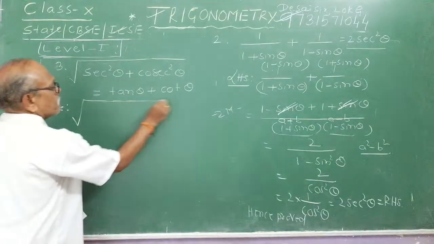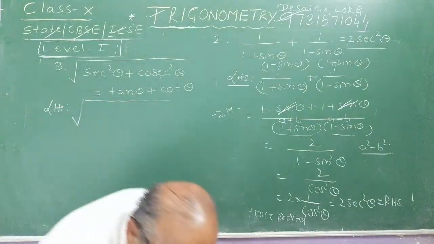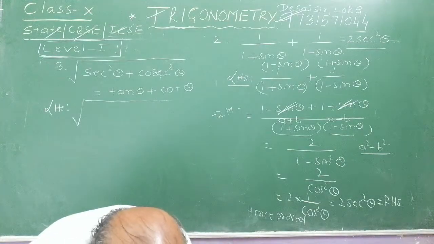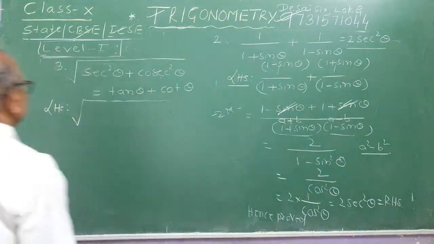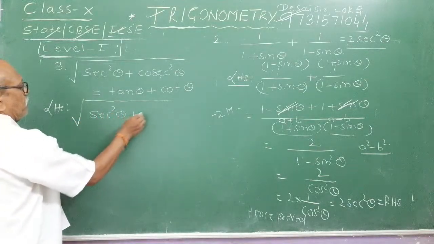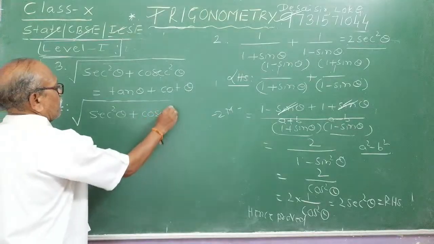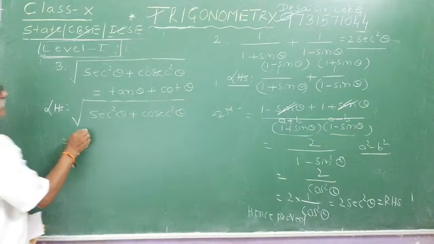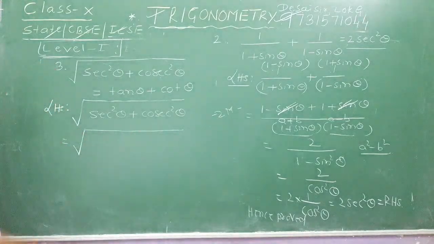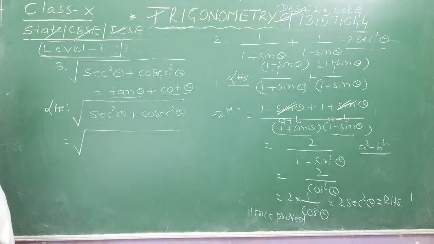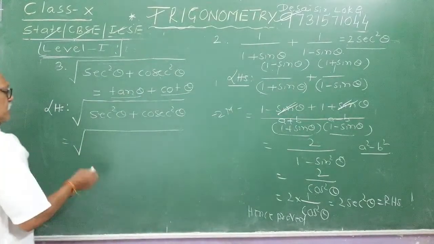Root of sec square theta plus cosec square theta. You can write sec square theta. We want here tan theta, cot theta on the RHS. Don't look at the board, think.